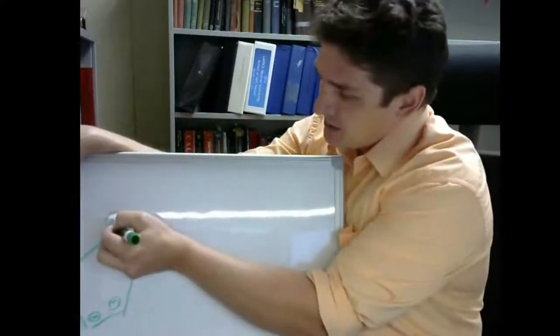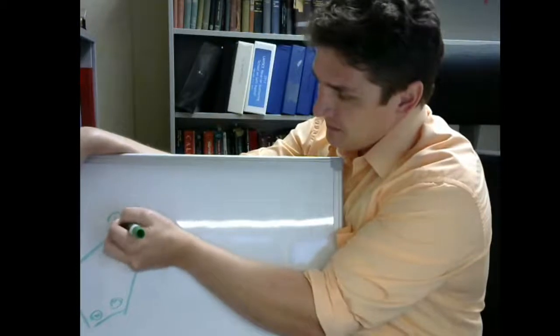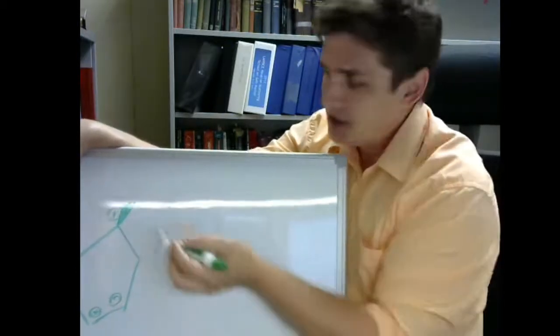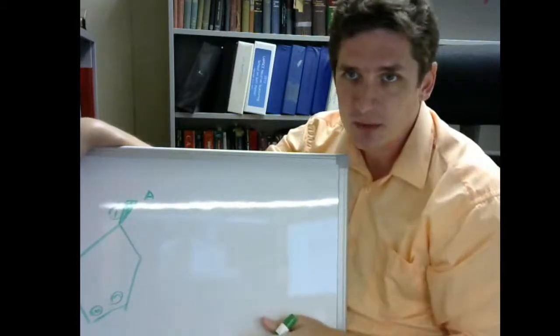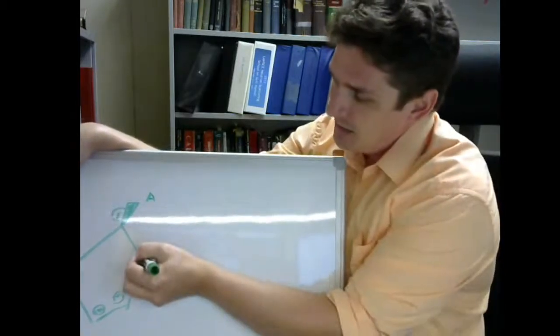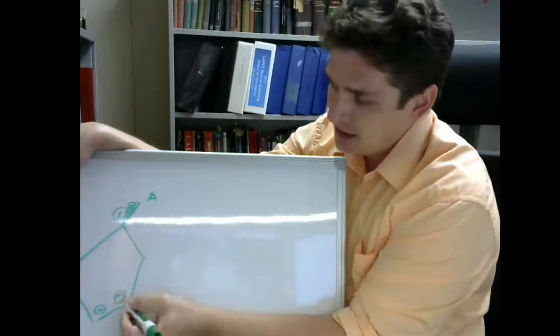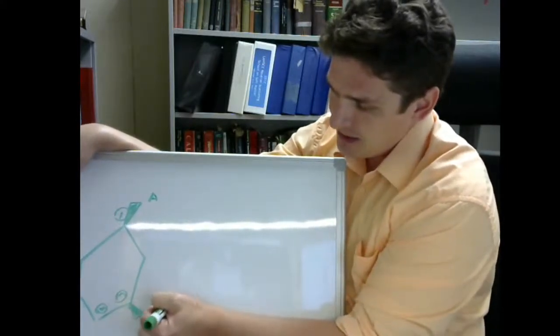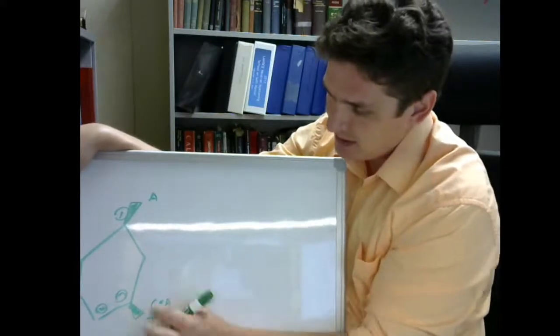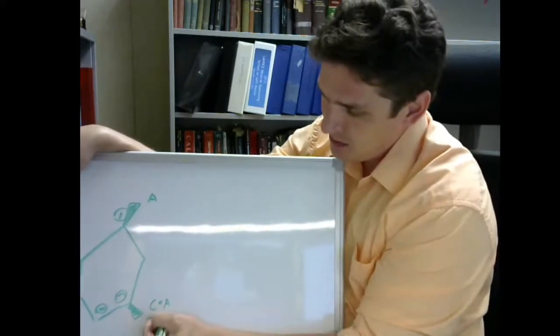So let's start with the first position. And let's say we took the first position and we set it as axial, recognizing that we can flip back and forth between equatorial. Well, if we have a cis here, this would be equatorial. If this was cis, it would be axial, and if it was trans, it would be equatorial.